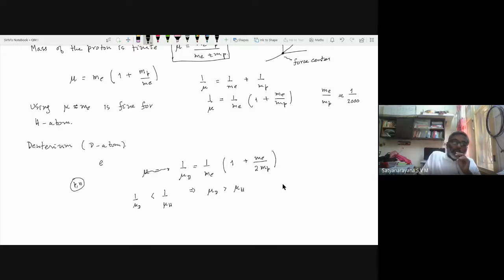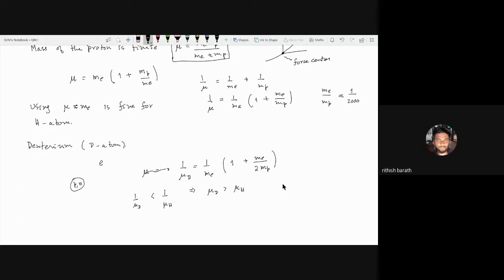Sir, in the last case, me by mp is only 1 by 2000. mp by me is 2000, right? Yes. But you have given here mu is equal to me times 1 plus this number.